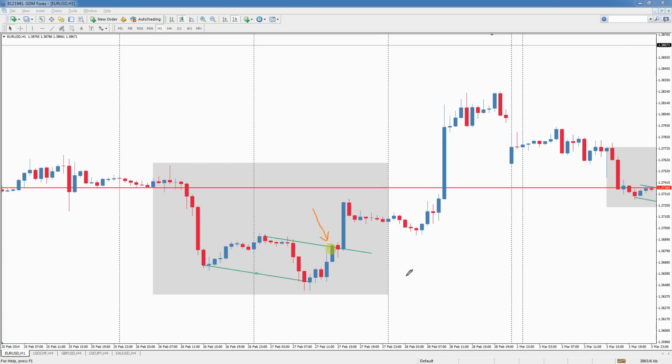Now this simple rule, the confirmed breach rule, I use with every one of my trading styles, whether I'm waiting for a breach of a support line or of a resistance line, or even a projection like this entry level line. But I would always wait for a confirmed breach before considering my positions.